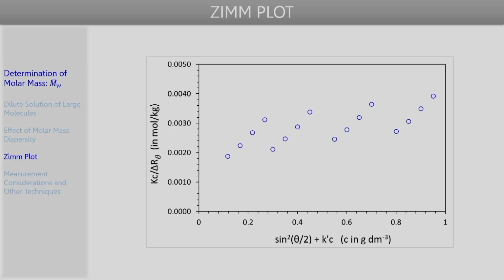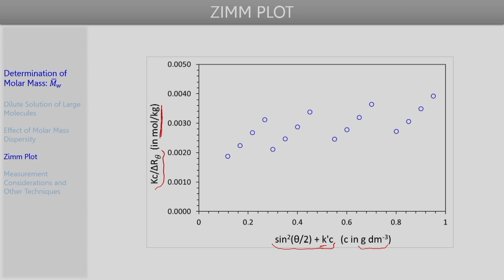So if we look at a typical Zimm plot, there Kc over delta R theta is plotted against sin square theta by 2 plus k prime c. In this particular example, Kc over delta R theta has units of mole per kg and concentration is in gram per decimeter cube. The k prime that we have used is 0.1, so that we have obtained a good separation of all the data points.